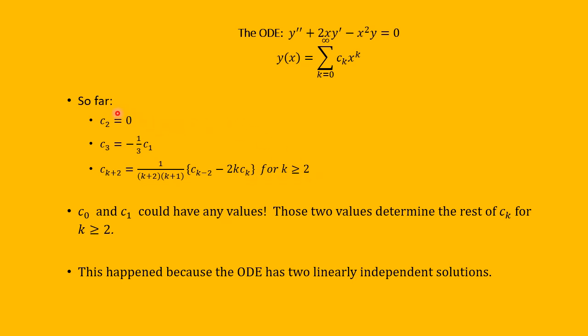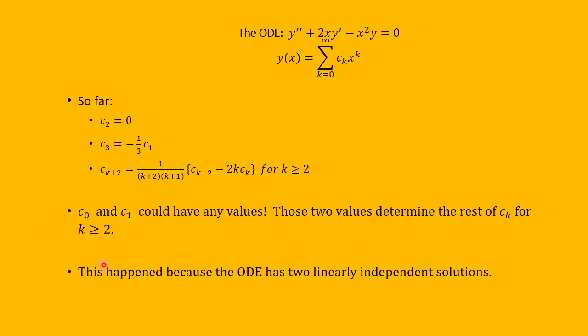If you look at this, this tells us what C2, C3, C4, C5, C6, C7, and so on are, but C0 and C1 could have had any values when we just have these restrictions on the c's that come from this proposed solution to the differential equation. So the values of C0 and C1 could be any two values, and those two values will determine the rest of the C sub k for k greater than or equal to 2.